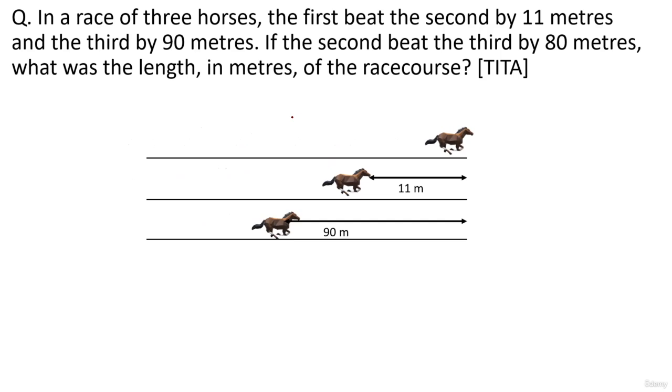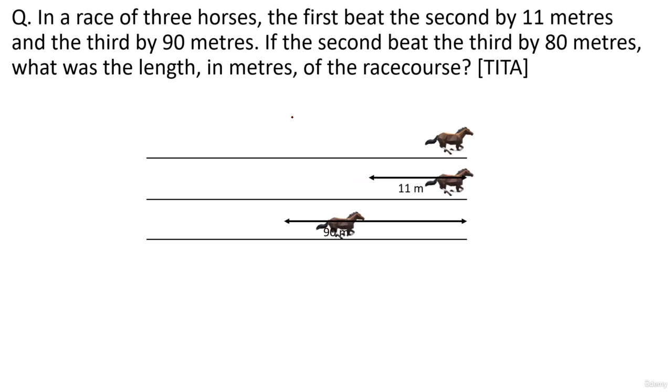Now, if the second beat the third by 80 meters, what does that mean? When the second horse reaches the finish line, the third horse is still 80 meters behind. Before the second reached the finish line, the third horse was 90 meters behind, and when the second horse reaches the finish line, the third horse is 80 meters behind.